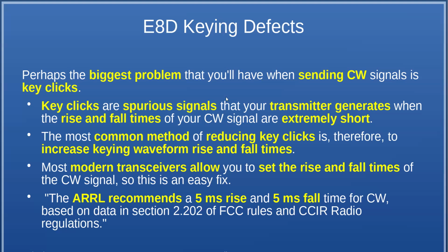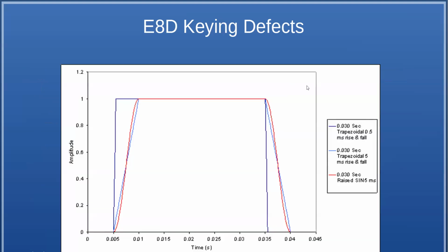The ARRL recommends 5 millisecond rise and fall times. And there's what the normal square wave would look like. And then if you do a 5 millisecond slope on both ends, you get this, I did say trapezoidal, more triangular.